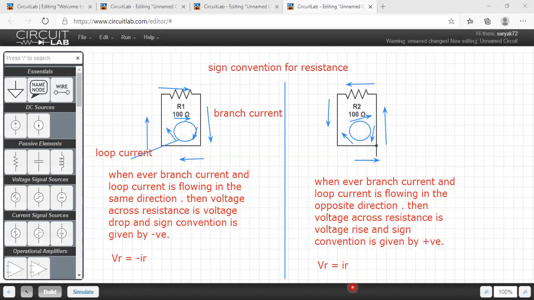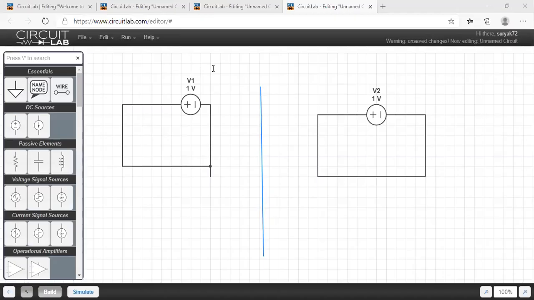In a similar manner, we now go for the sign convention for voltage source. We have two different cases. If you can learn this, everything is simple, because if you know mesh analysis very well, the theorems will be very, very simple.